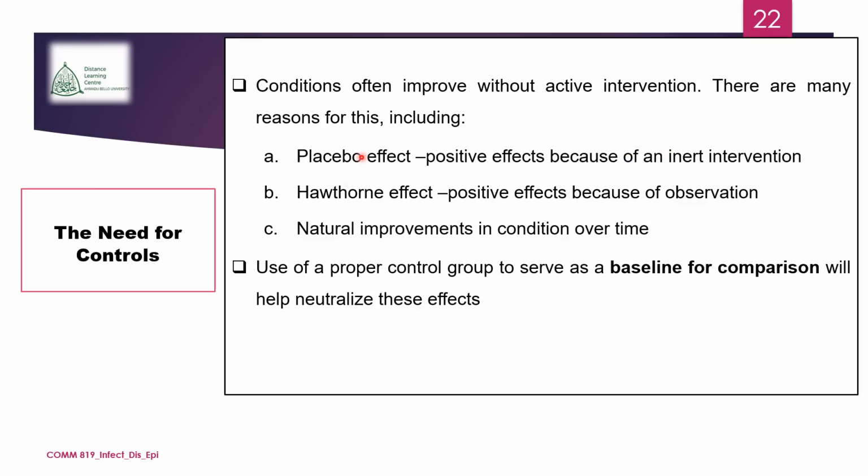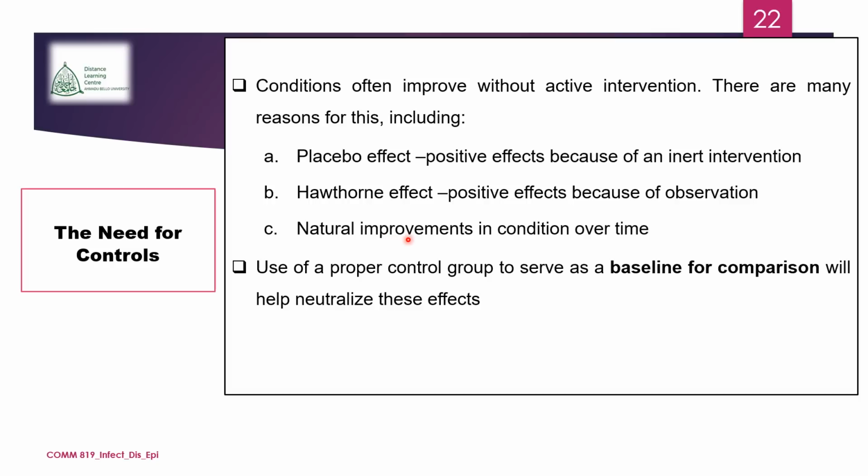Then we have the Hawthorne effect, which is usually a positive effect because of observation. You keep observing and without any intervention, something will bounce back. Then natural improvement in condition over time. Maybe this may be due to the immune status of the person.